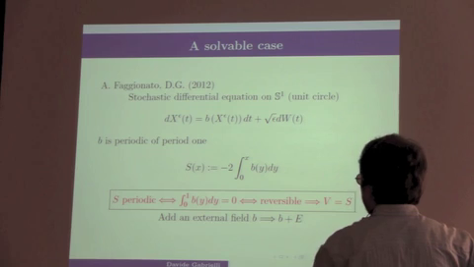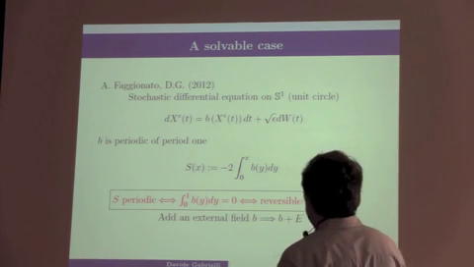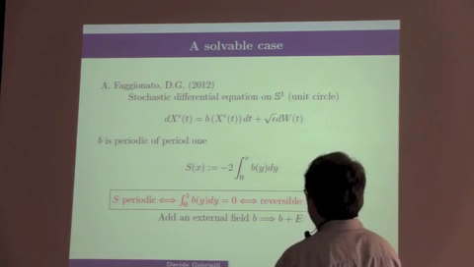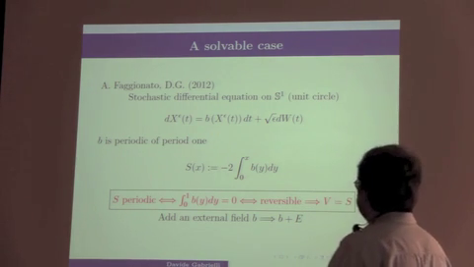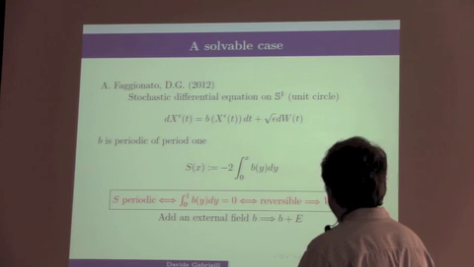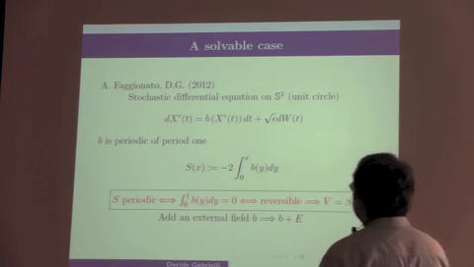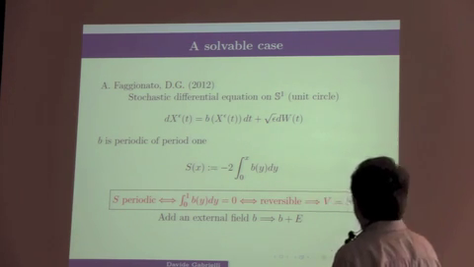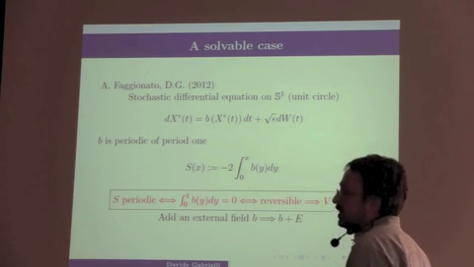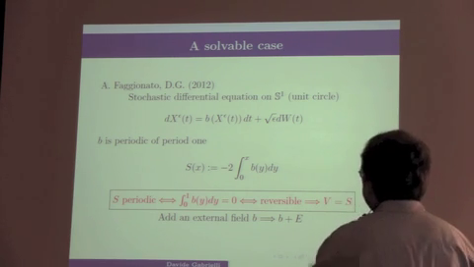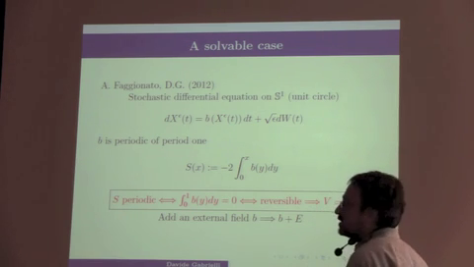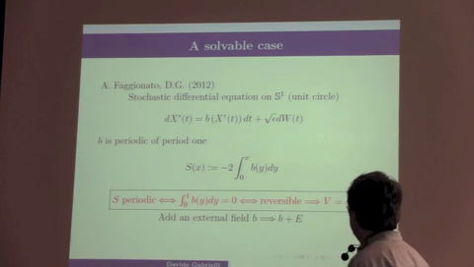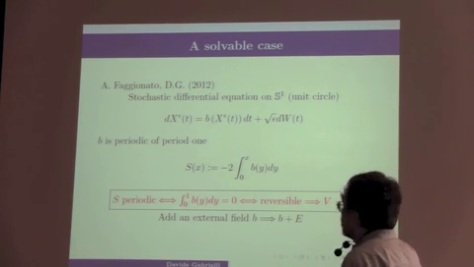If S is periodic, this means exactly that the total integral on [0,1] of the vector field B is identically 0, then the system is reversible, and the quasipotential for the invariant measure coincides with S. But if this relation is violated, then your process is no longer reversible, and for example, you can have a constant vector field.